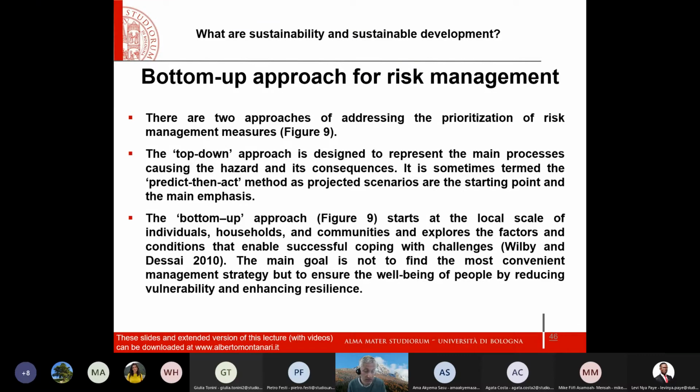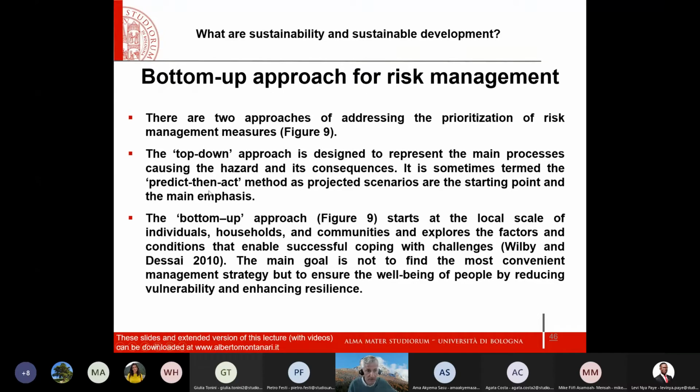And you may remember the approach that I proposed for teaching, focusing on the solution and then finding the best theory. I was inspired precisely by the bottom-up approach in risk management. Let's focus on the solution to current problems, and then resilience with respect to climate change, with respect to future predictions, comes later.